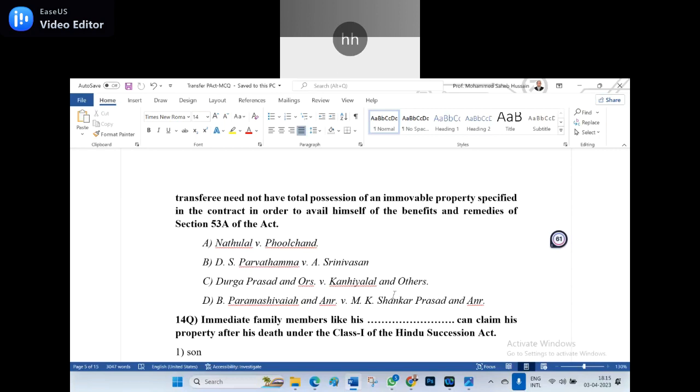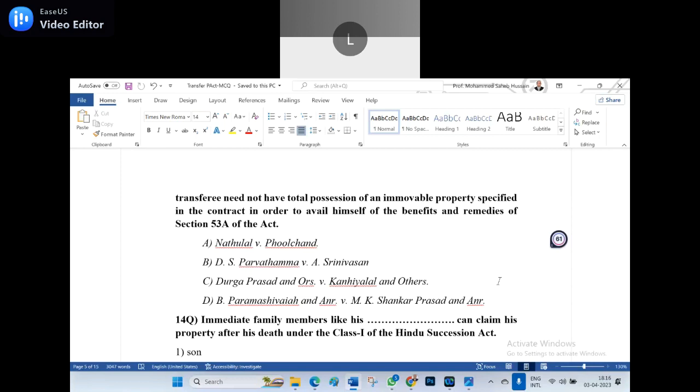A. Nathulal versus Pulchand. B. D.S. Parvatama versus Srinivasan. C. Durga Prasad and others versus Kanhaiya Lal and others. And D. Paramashivaya and others versus M.K. Shankar Prasad and others. A. Nathulal versus Pulchand.